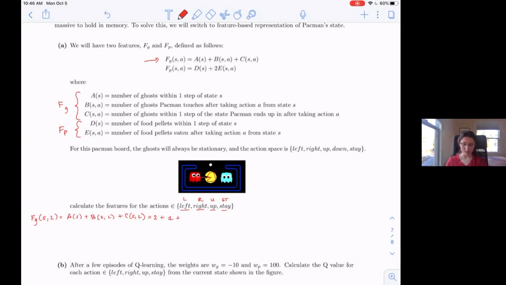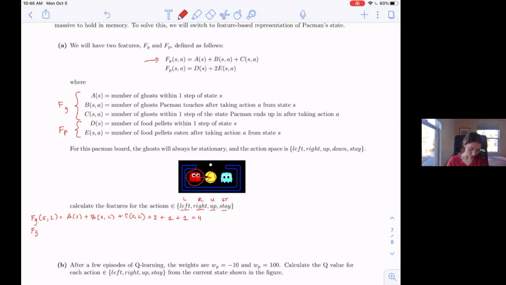The number of ghosts within one step of the state Pac-Man ends up in after taking action A. Well, if he takes one step here, there is a ghost right here within one step of the state that Pac-Man ends up in. So the feature function FG for the state S when Pac-Man takes the action L is going to evaluate to 4.